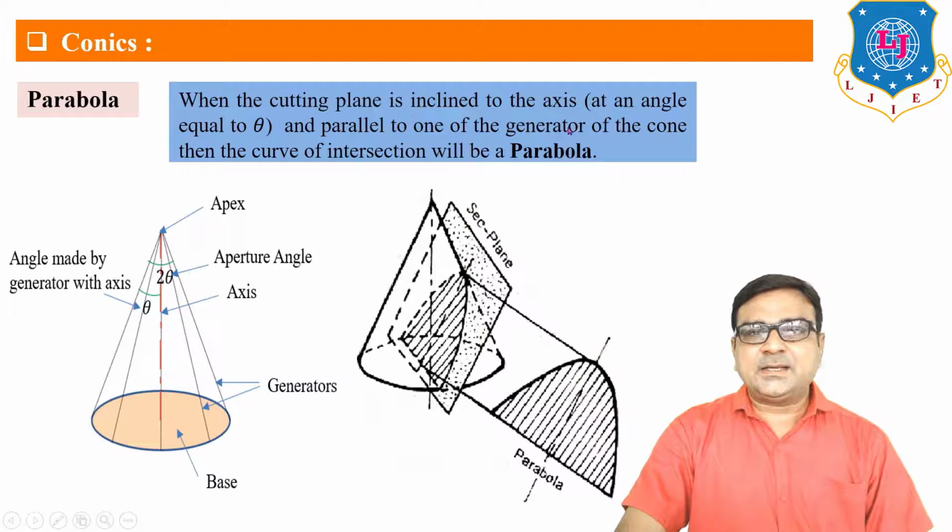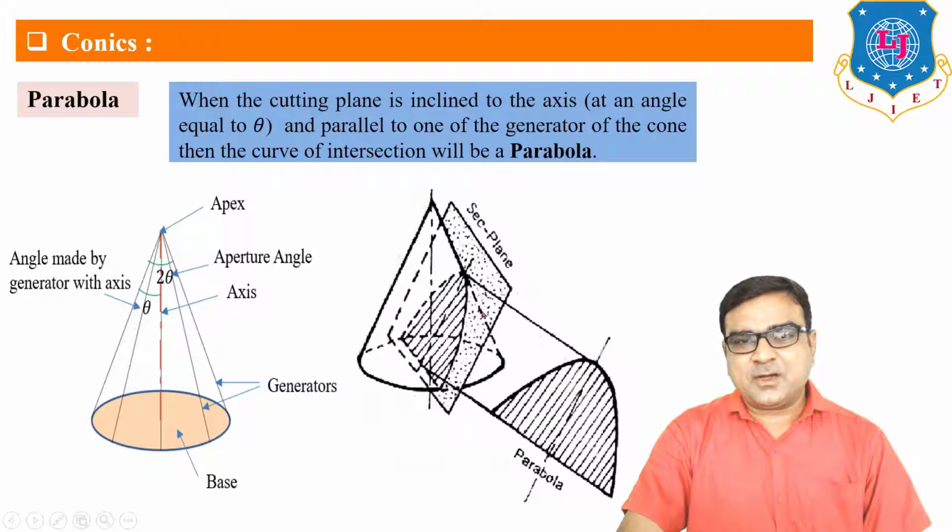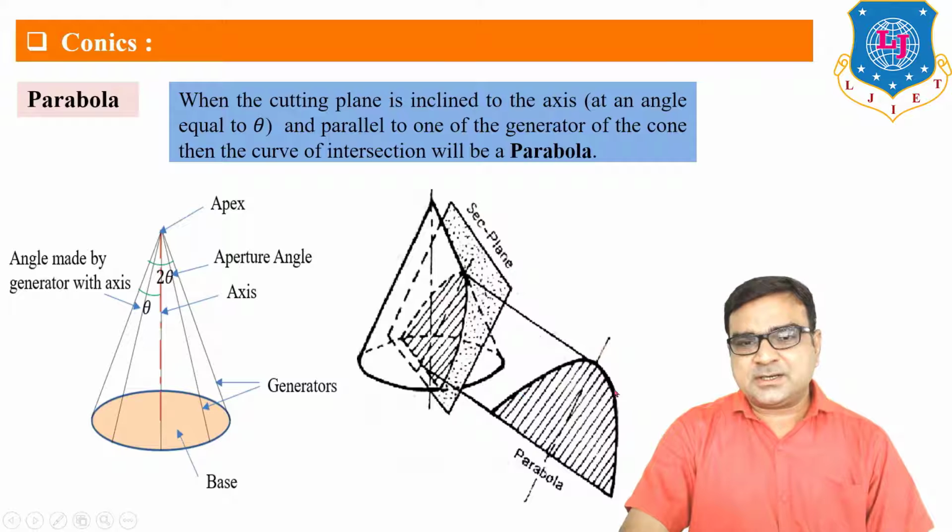When the cutting plane is inclined to the axis at an angle equal to theta, or you can say the cutting plane is parallel to one of the generators of the cone, then the curve of intersection will be a parabola. You can see here this cutting plane is parallel to this generator, or the angle of this cutting plane with the axis is exactly theta, so the true shape of section obtained is a parabola.